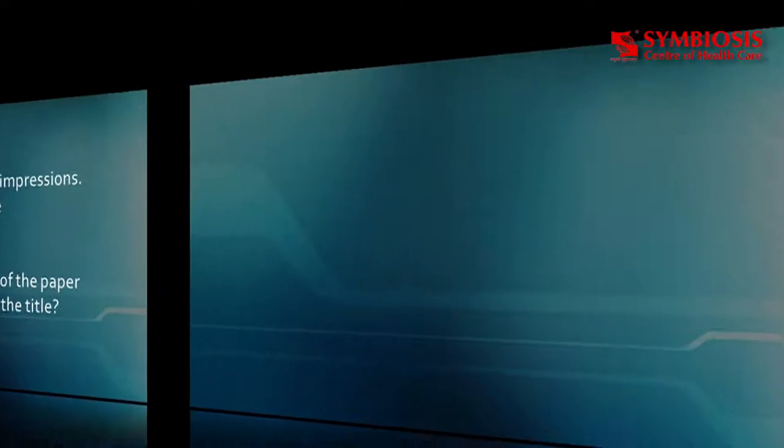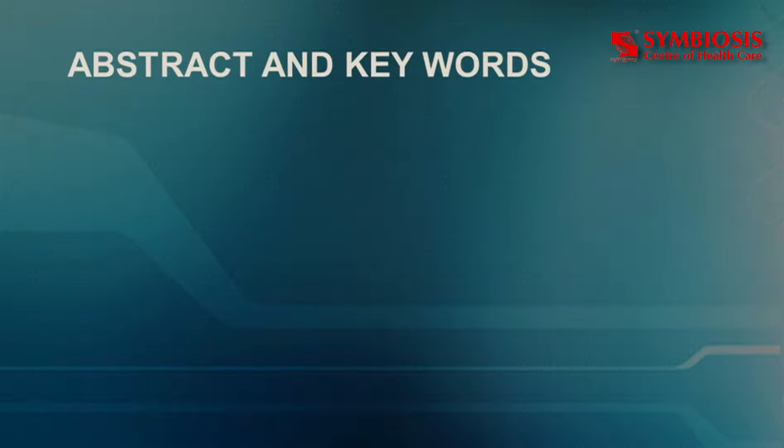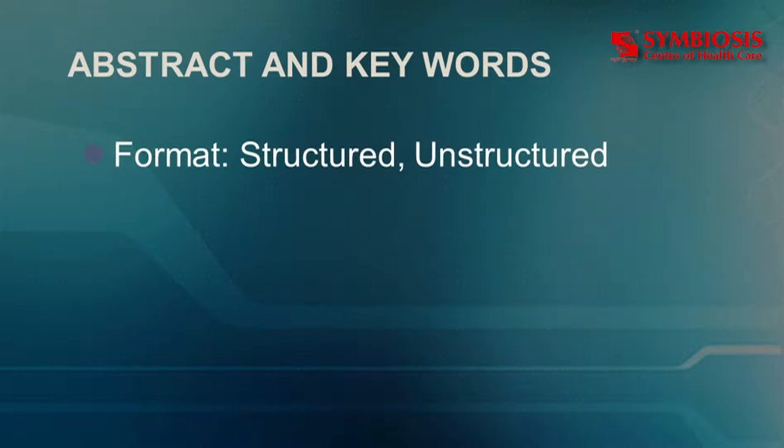After having decided on the title, you move on to the next part of the paper, that is the abstract and keywords. An abstract generally comes in two formats. It is either a structured abstract, like in IMRAD format at times, where you provide the title, introduction, objectives, methods, results, and at times conclusions. That is a much more structured abstract. There are some journals with a running abstract, where you can have an unstructured abstract.